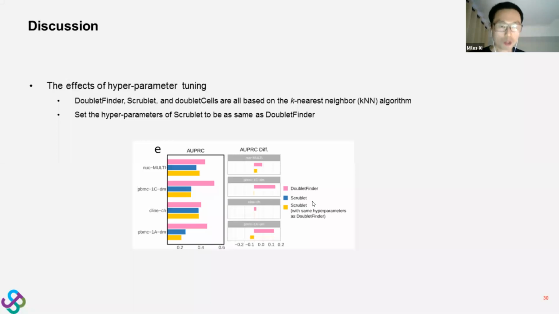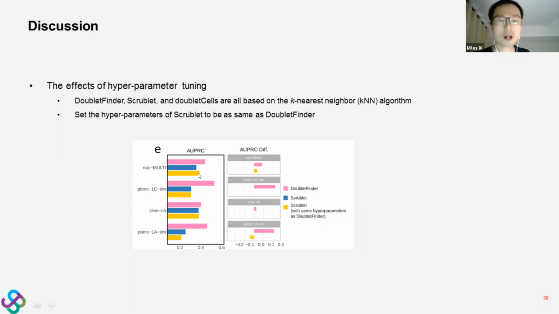Then we did one experiment, which is we substituted the hyperparameters of Scrublet with those decided by doublet finder. The pink one is doublet finder, the blue one is Scrublet, and the yellow one is Scrublet with the hyperparameters of doublet finder.